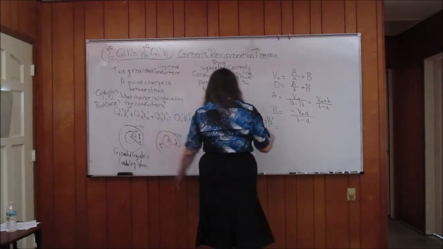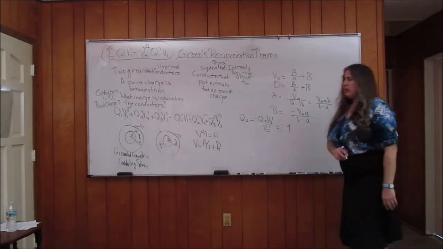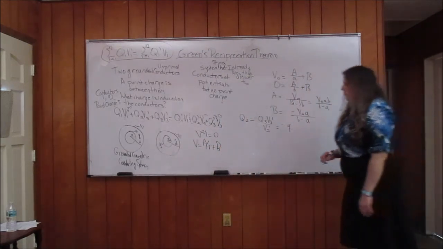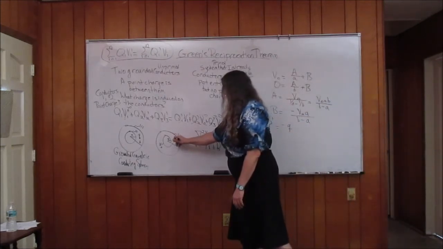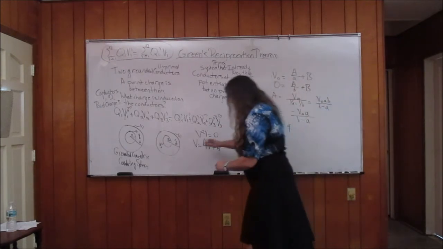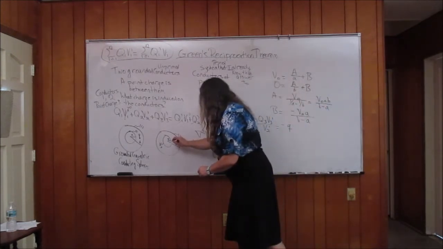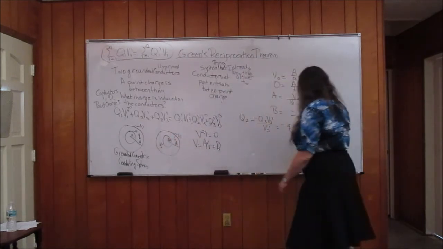Well, the charge is just equal to minus lowercase q. V3 prime, that is the potential at that point, at this particular point a distance r away from the center of the sphere.